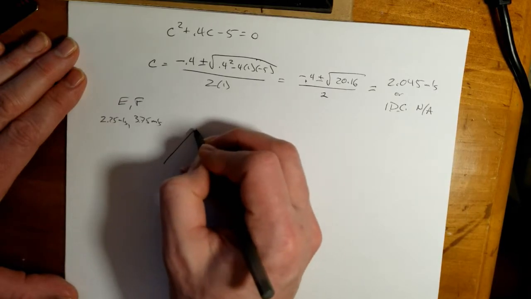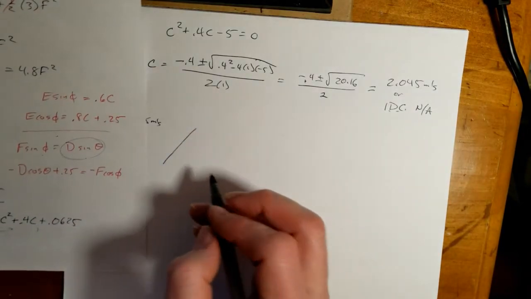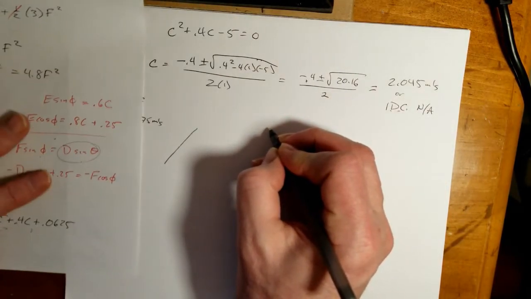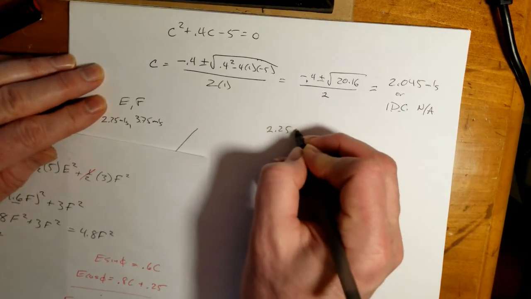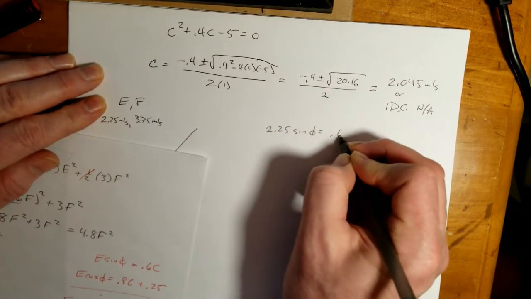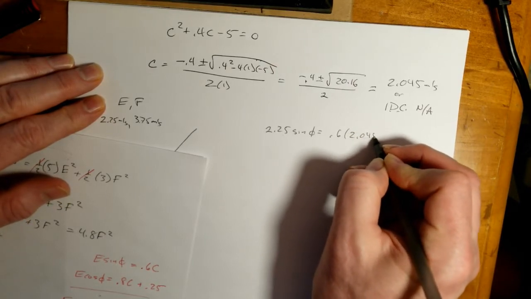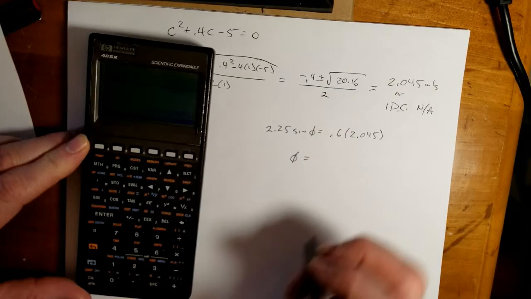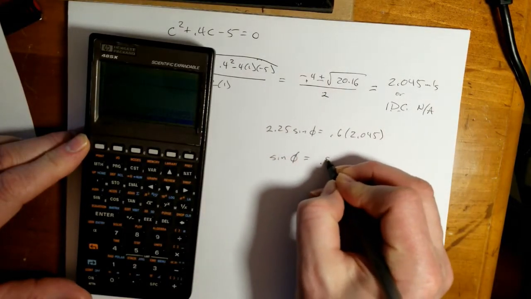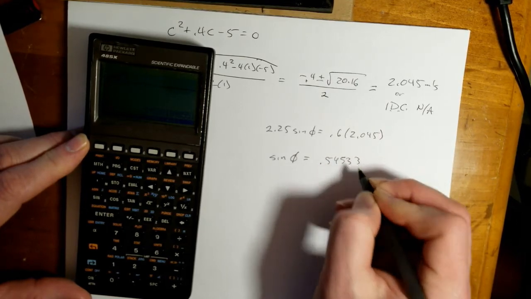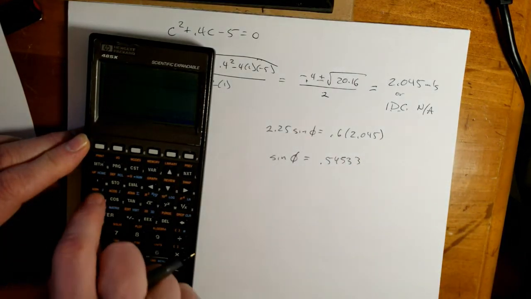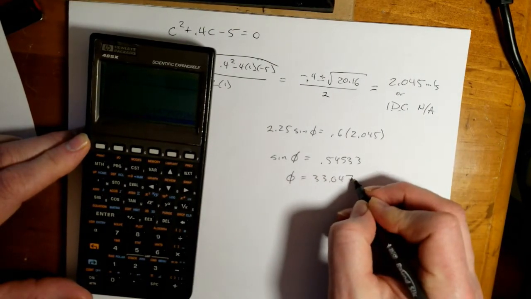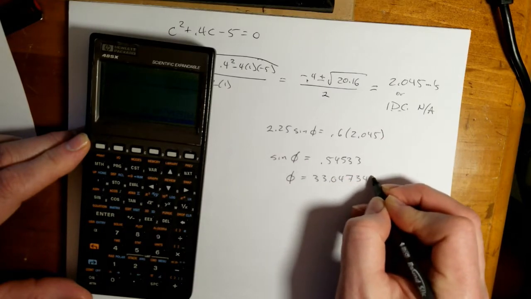We have the equations right here: E sine phi, so 2.25 times the sine of phi, is equal to 0.6 times c, which is 2.045. So sine of phi is 0.54533. Do an arc sine, and phi is 33.047 degrees.